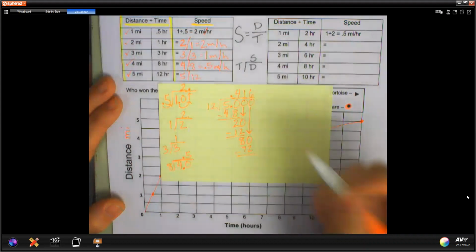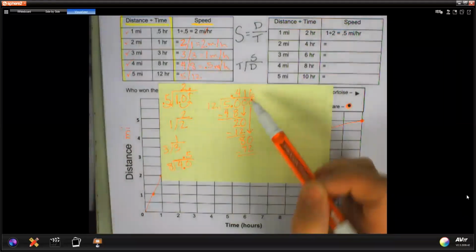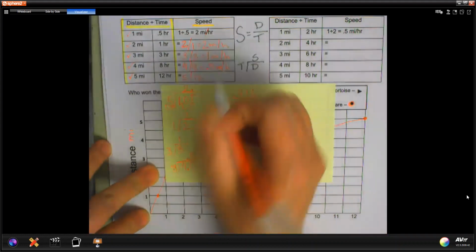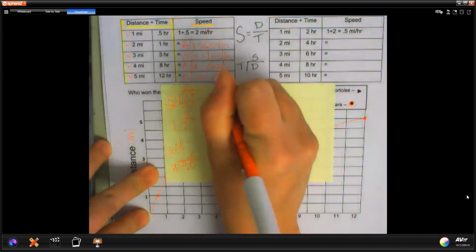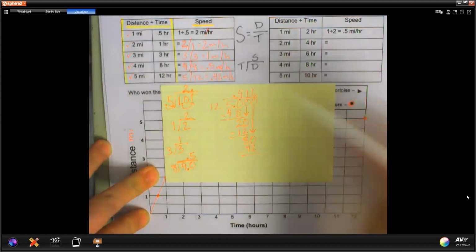At this point, we can actually stop because this now allows us to round to the hundredths place, which is what I always ask you to do. When we round this to the hundredths place, we now get 0.42. So we are now at 0.42 miles per hour.